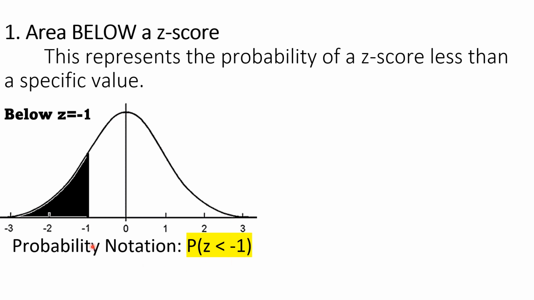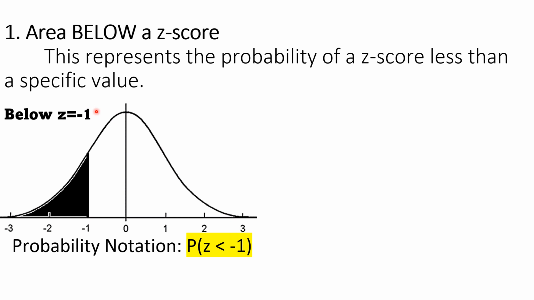After getting the probability notation and drawing the normal curve, we are now ready to find the area below z equals -1. To find the area, the first thing you need to do is to get the area of -1 on the z table.